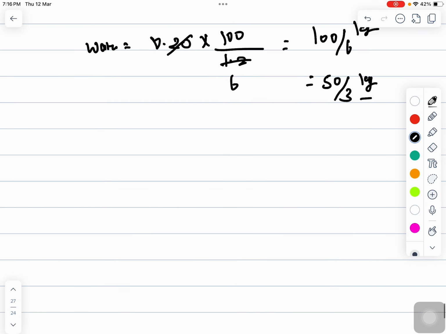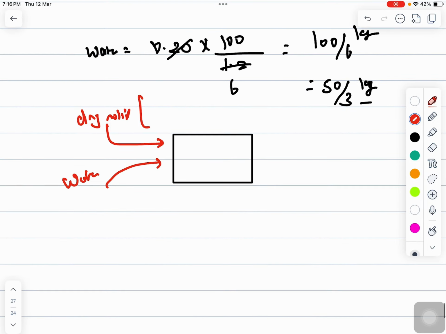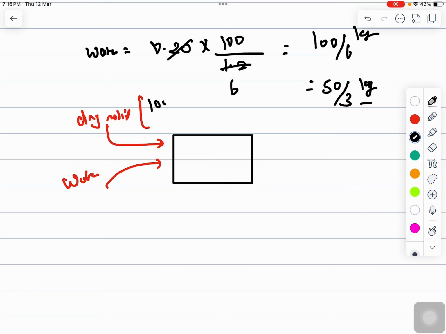So at the inlet condition, there is dry solid, and the water will be there with the dry solid. The dry solid is 100 by 1.2 kg, and the water is 50 by 3 kg.